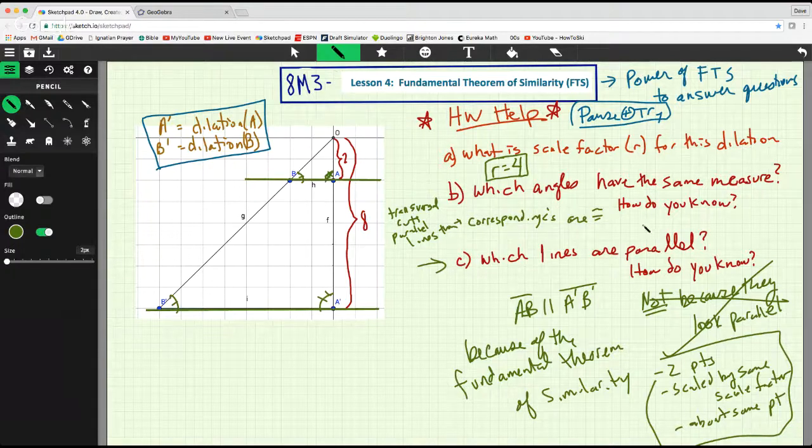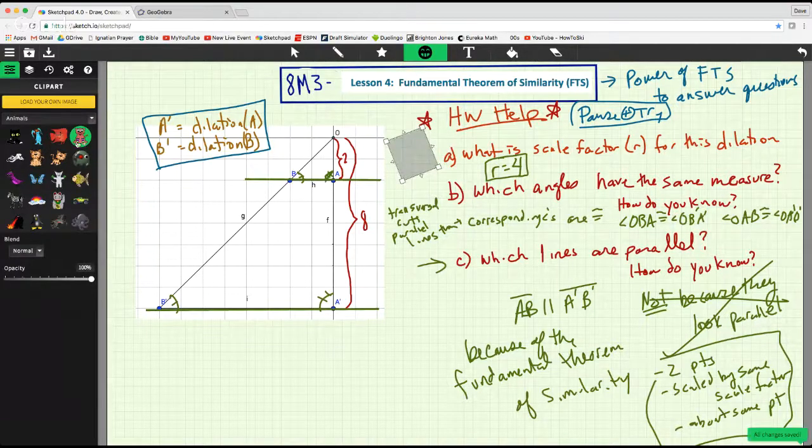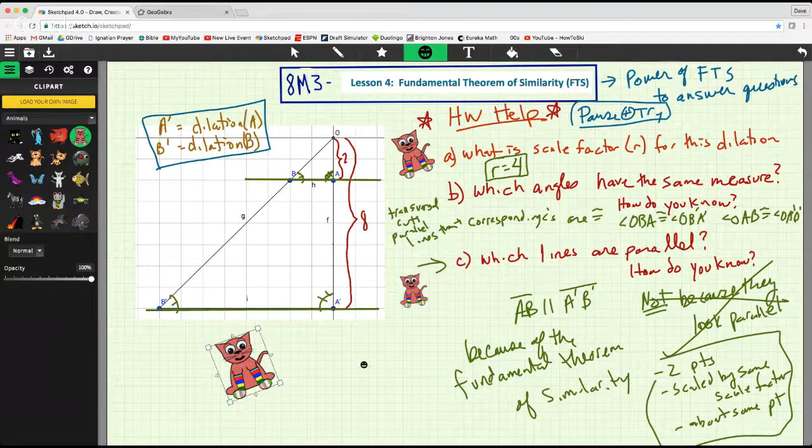So it's angle OBA that is congruent to angle OB prime A prime, but also angle OAB is congruent to angle OA prime B prime. So this deserves happy cat, happy cat.